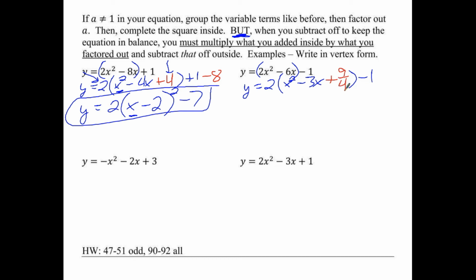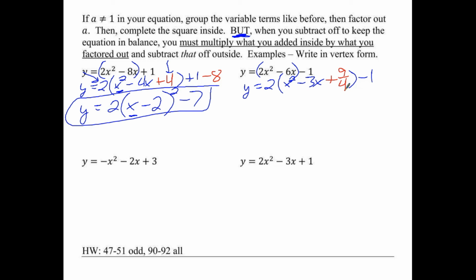So what am I going to do outside? I'm not going to subtract 9/4. We got 2 times 9/4. No, it's not 9/4. That just simplifies it. But what is that? 9/2.